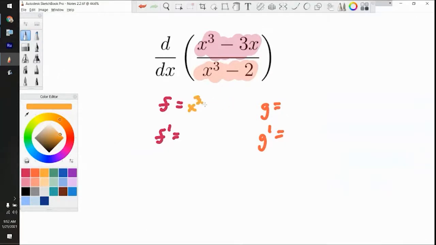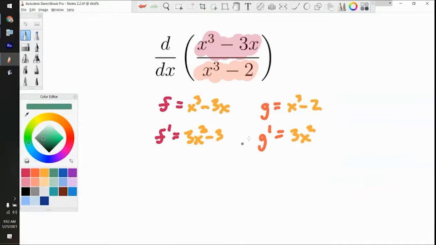So we have x cubed minus 3x over x cubed minus 2. Probably could have just done long division on this, but it doesn't matter. We're trying to practice this. Always assume you're wrong, so check and double check.